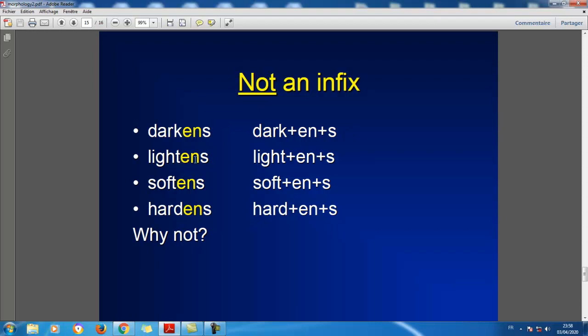Now this en cannot be considered an infix once again in here, because it's not inserted inside the word, it's at the end. It just happens that we add another morpheme after it, this s in here. So an infix should be inserted inside the word, not at the end.